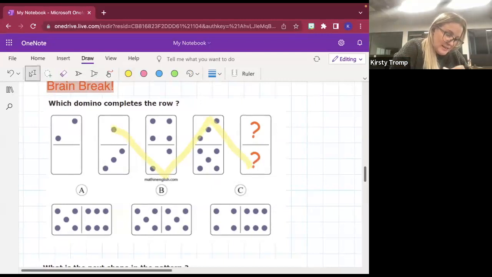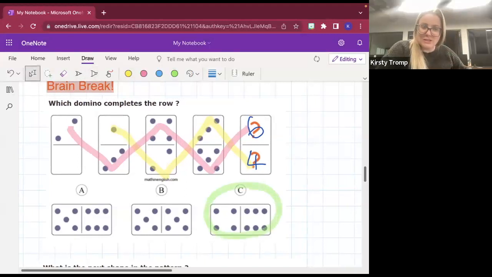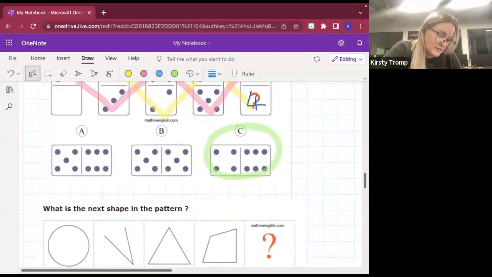So in this one, I'd need to have the number 4. And then if we go the other way, I've got 2, 3, 4, 5. So this one would need to be the number 6. And which one is that going to be? That one is going to be C. Well done to those of you who got C. Congratulations, you got the right answer.